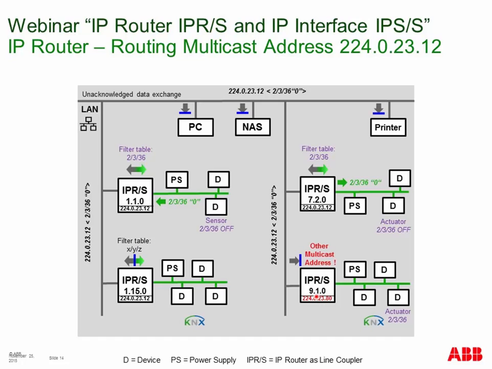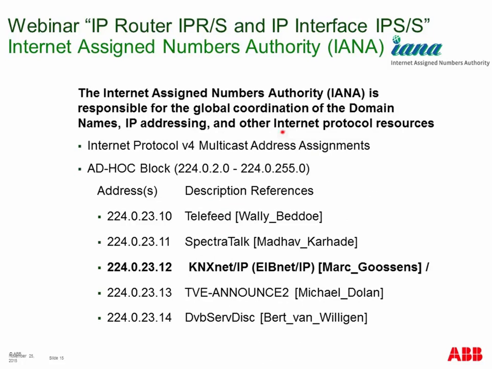So it will not be transferred and not evaluated via the filter table. This option you have, a specialty but possible, though we normally use this standard KNX NetIP multicast address which is defined, 224.0.23.12. So reserved for KNX and normally used in all KNX IP devices to be able to communicate with each other.